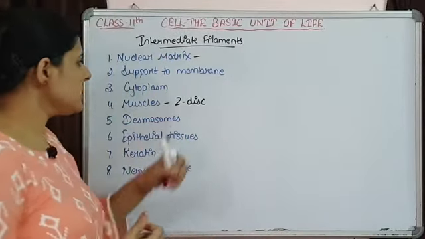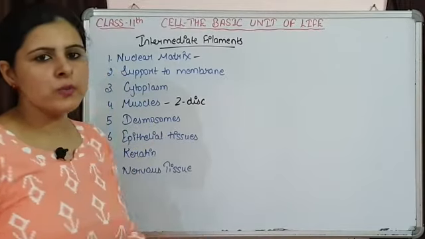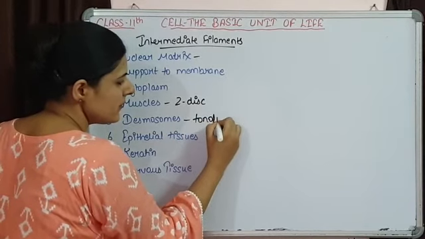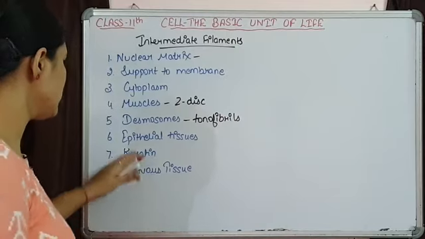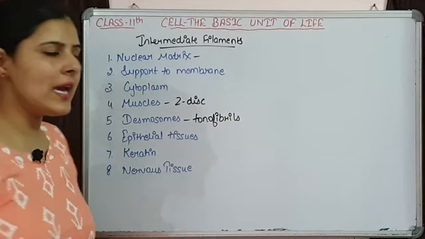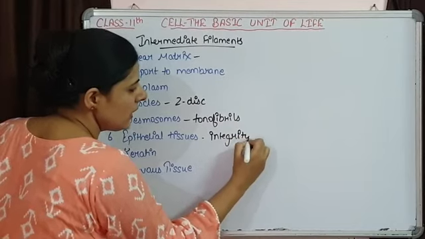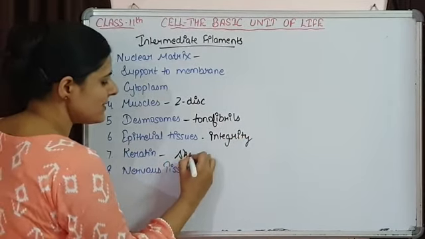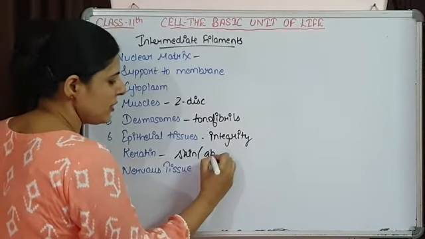So providing support to these muscle cells also. Then desmosomes, these intermediate filaments are present as tonofibrils and they are maintaining these desmosomes. Epithelial tissues, they are maintaining the integrity of epithelial tissues. And keratin we know that is present in skin and that is preventing our skin from aberrations.